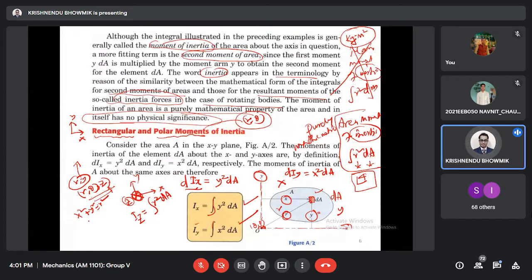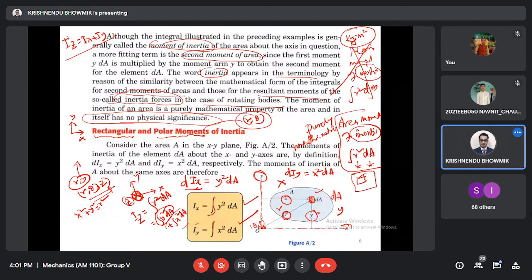Or if I write y square plus x square, same thing, correct? So I'll write it this way, integration of y square dA plus integration of x square dA. This is nothing but Ix, this is nothing but Iy. So somebody can write Iz equals Ix plus Iy.